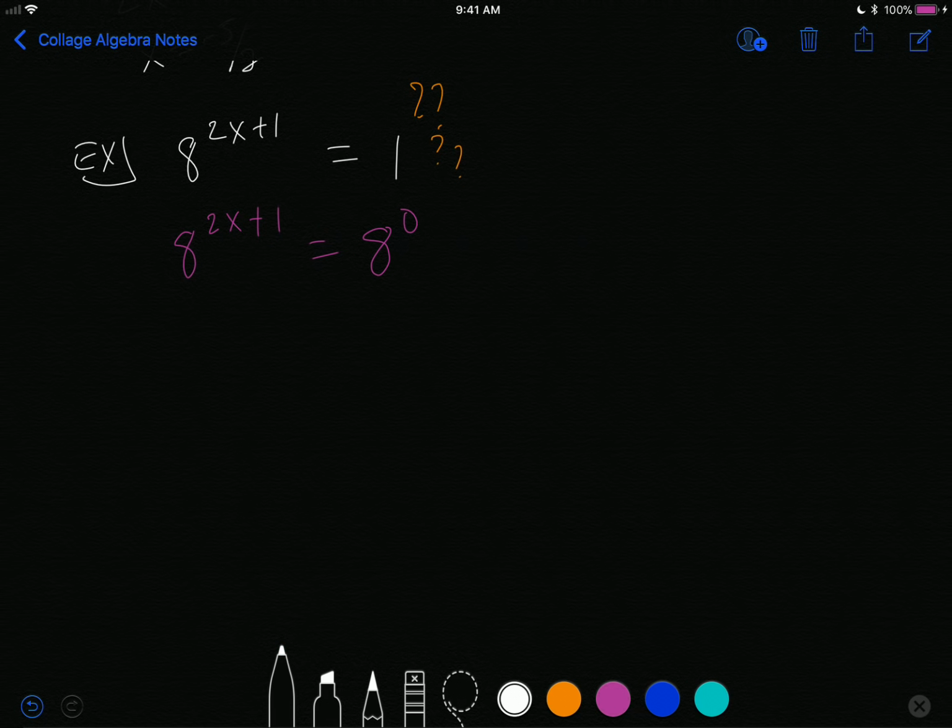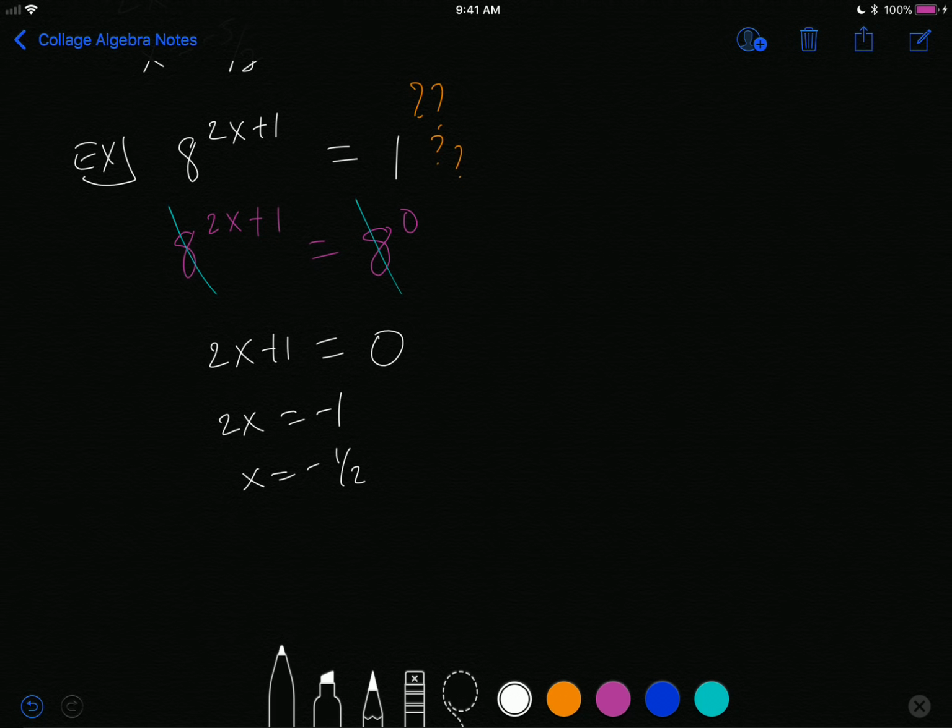And now, all of a sudden, my bases are the same. So this will cancel, and this will cancel. And so that leaves me with 2x plus 1 is equal to 0. Subtract the 1, 2x equals negative 1, divided by 2, x equals negative 1 half.